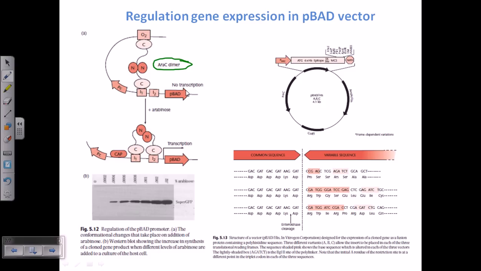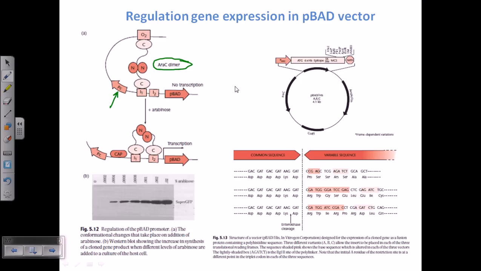So when these AraC dimers sit in place like that, no polymerase can come and sit on this promoter region and transcribe the BAD gene, which is required to be expressed inside the cell.